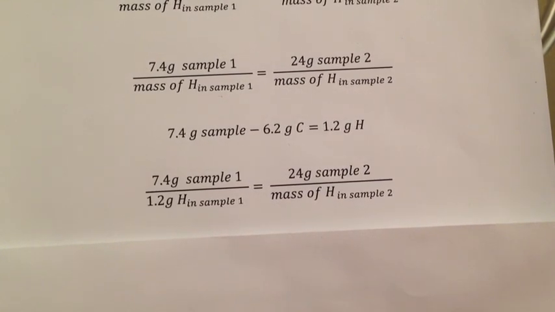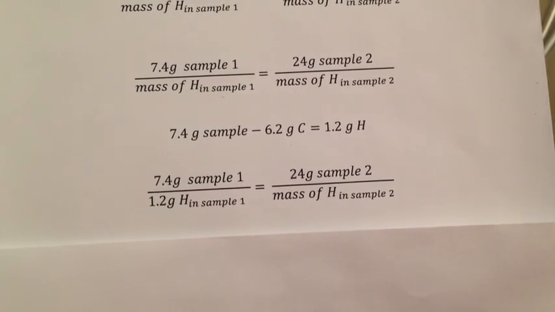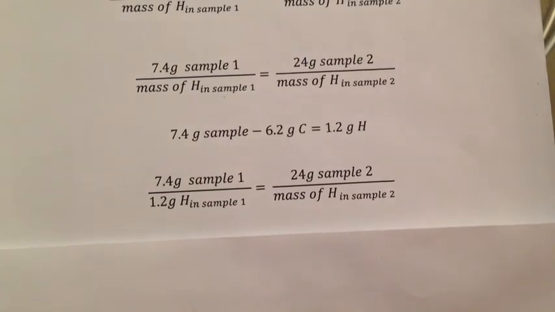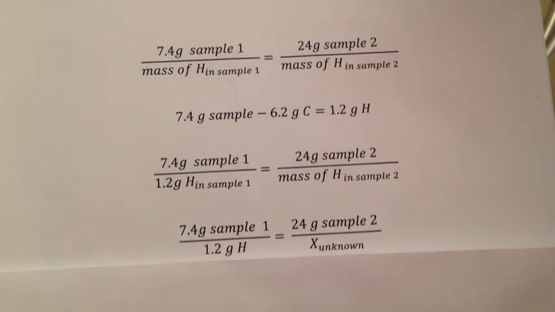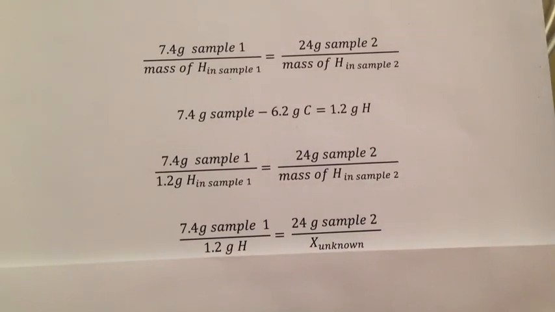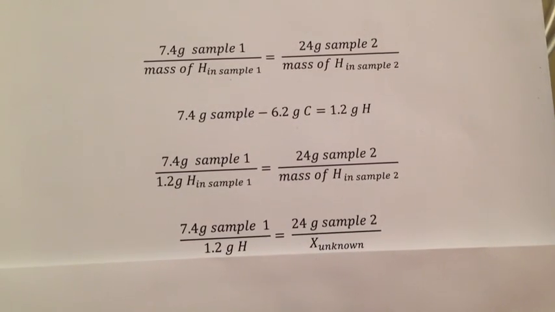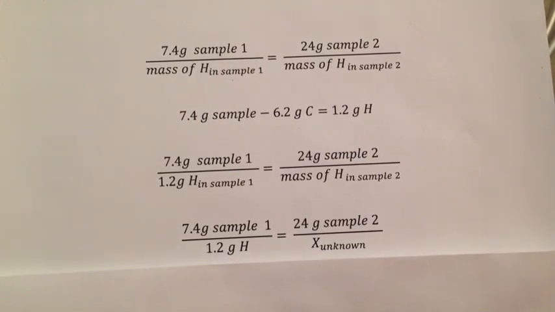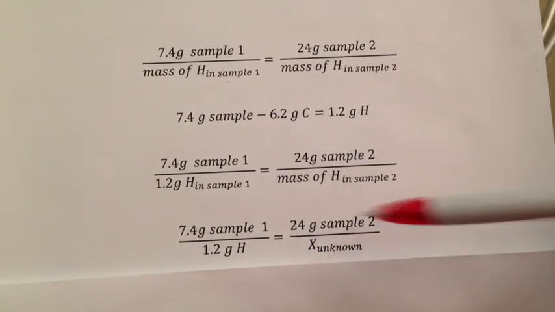We still do not know how many grams of hydrogen is in sample 2, but we can solve that algebraically by cross-multiplying, and I'm going to represent the mass of hydrogen in sample 2 as x.